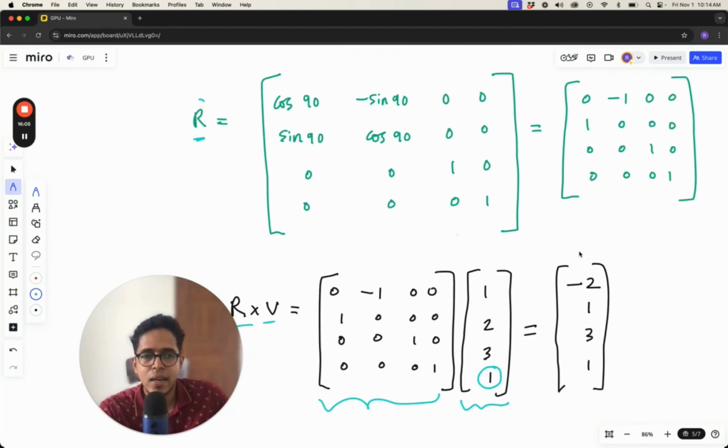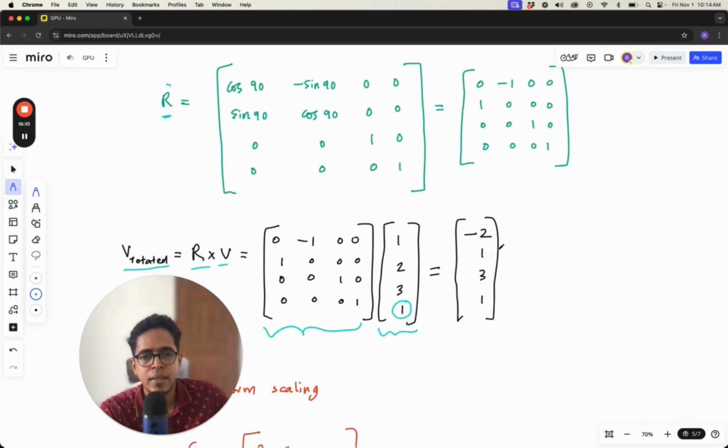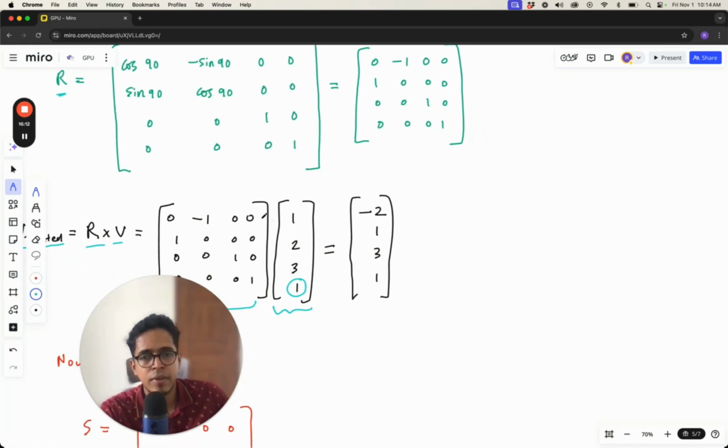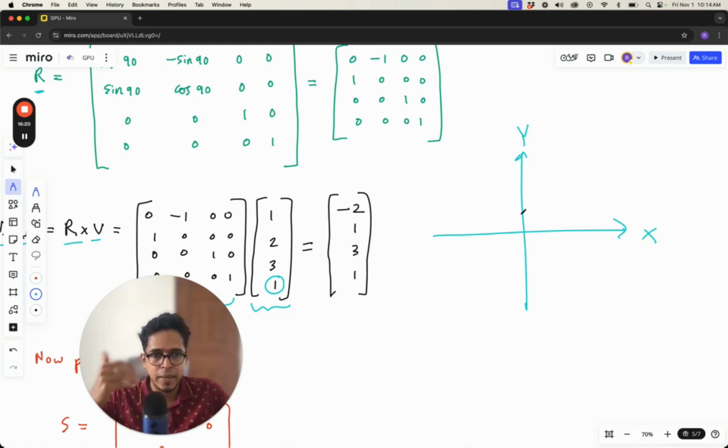I'm sure you can calculate this without even looking at the coordinates, or without even looking at the vertex or at the matrix. Because see, if this is x, this is y, and let's say z is projecting out of the plane towards you. So I will denote it by something like this. So the z is projecting out. x was 1, y was 2, and then the z index was 3.